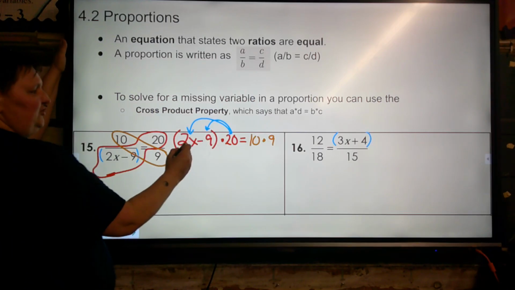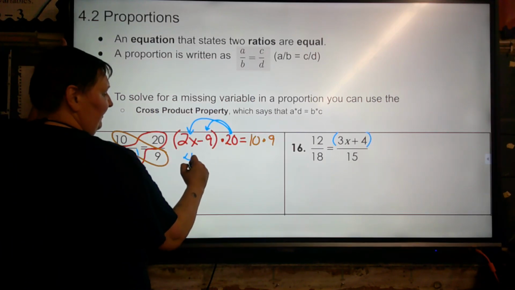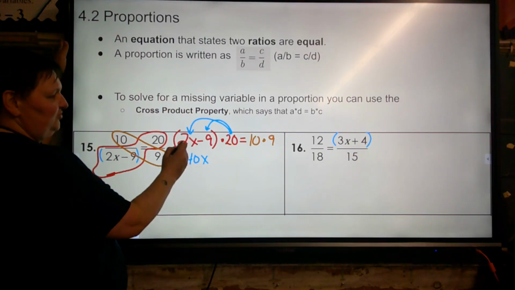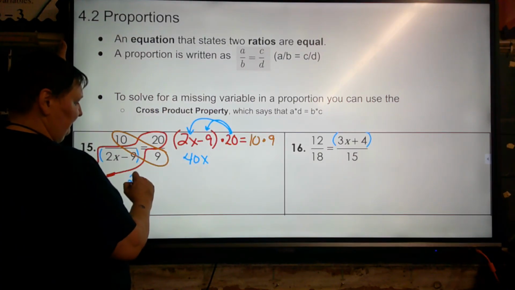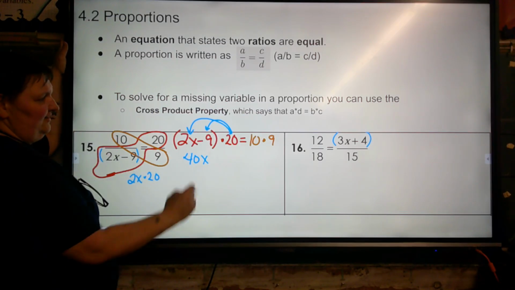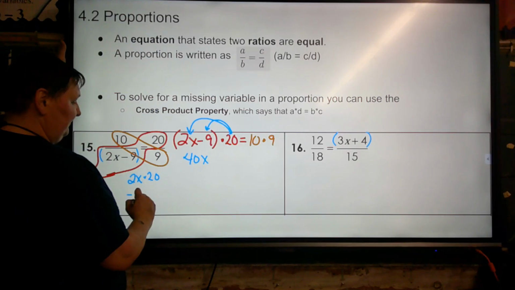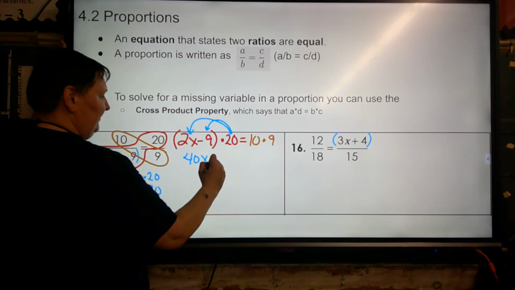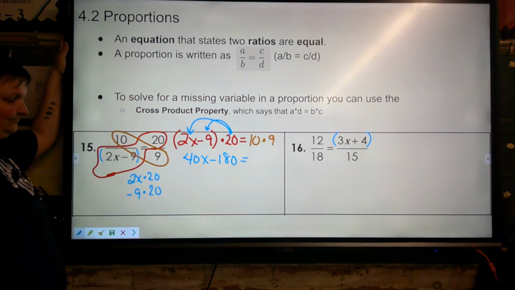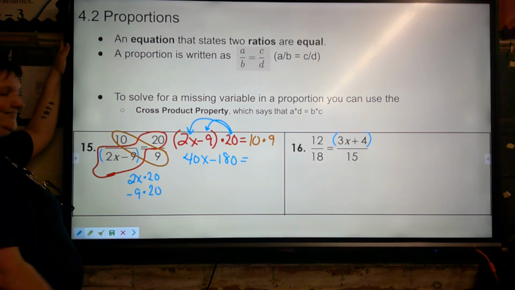So 2x times 20 is 40x, and negative 9 times 20 is negative 180. Yes, you can get a calculator.